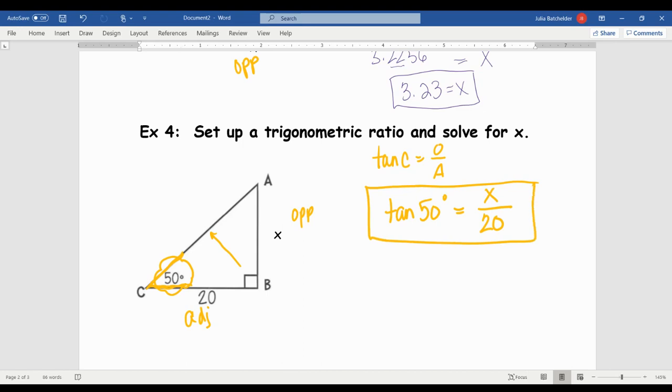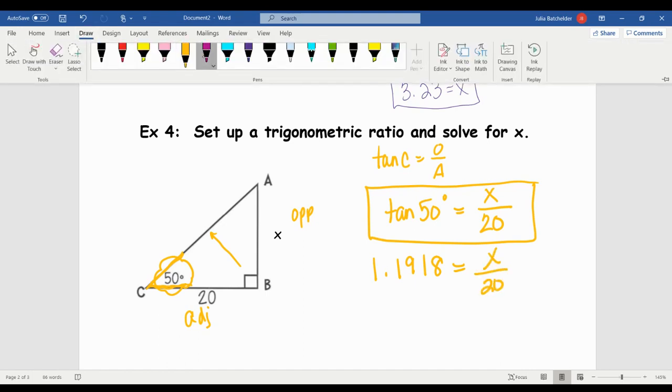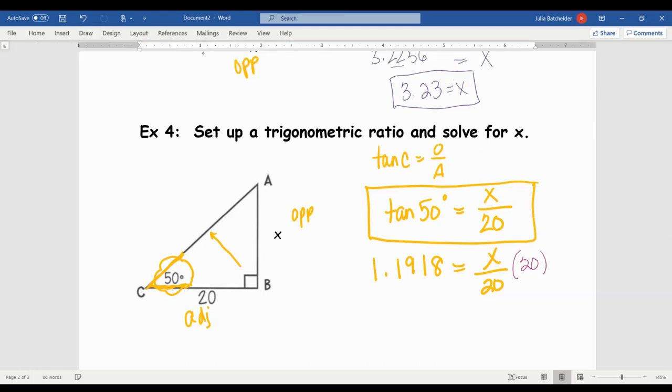So we go to tan of 50, and I'm getting 1.1918 is equal to x over 20. And I can think of it just like an algebraic problem. Undo dividing by 20 with multiply by 20 on both sides.